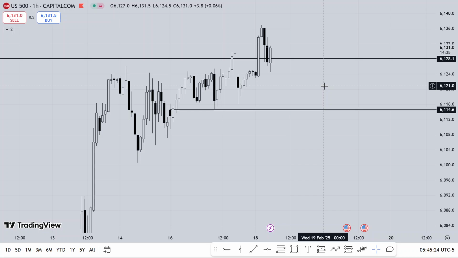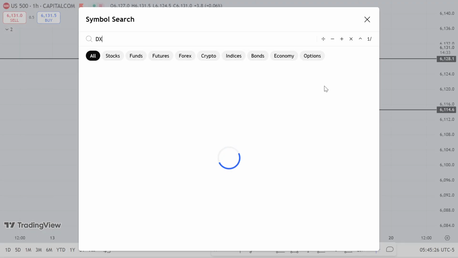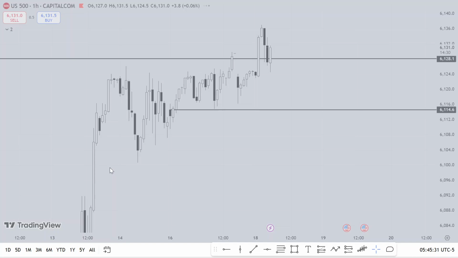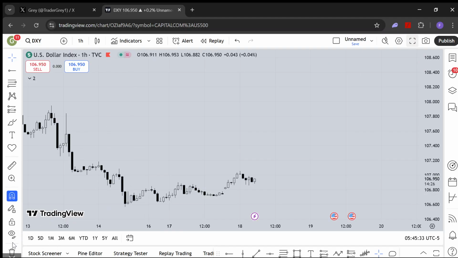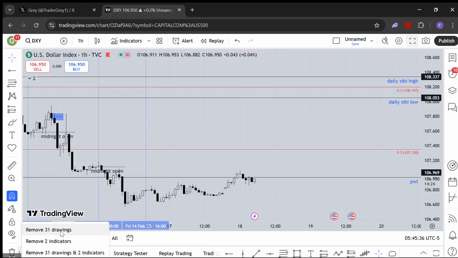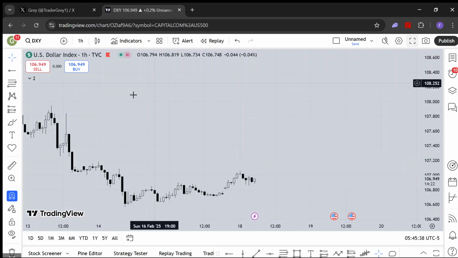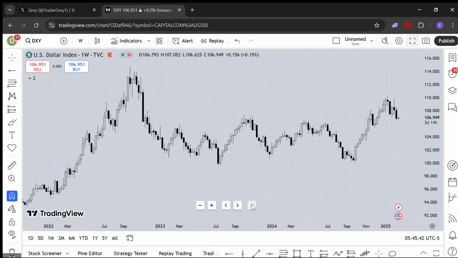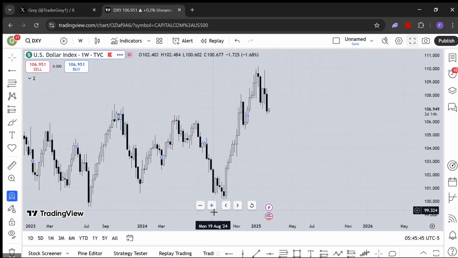Let's take a quick look at the dollar. Let's see what the dollar is doing and has been doing. Likewise, as we have a rally in the indices market going higher, even though it is ranging in a range bound price action, it is ranging in a higher direction.